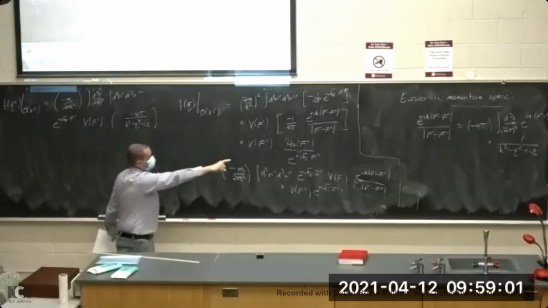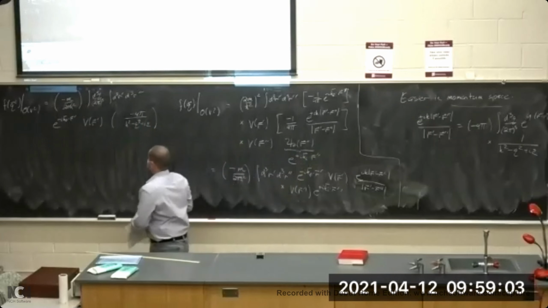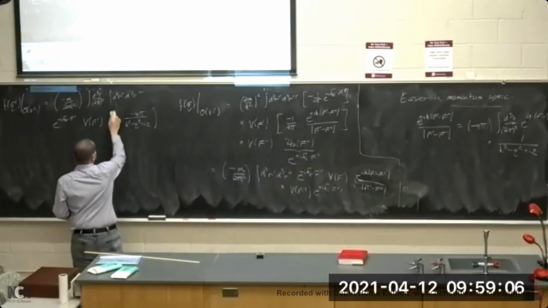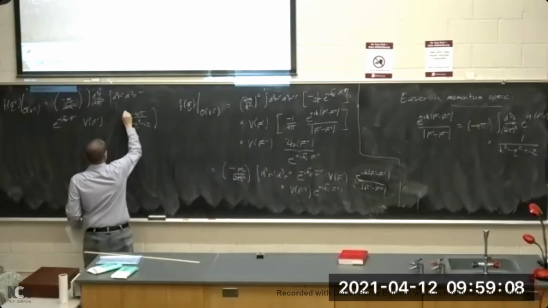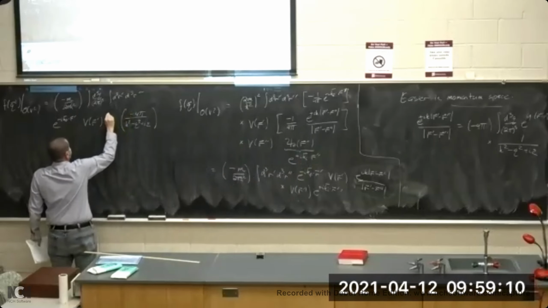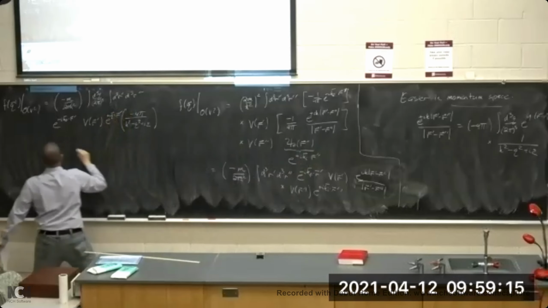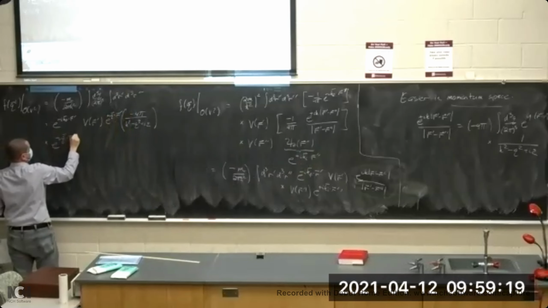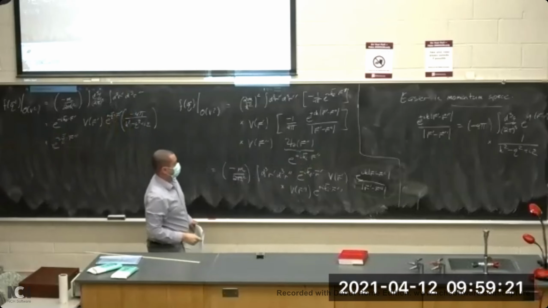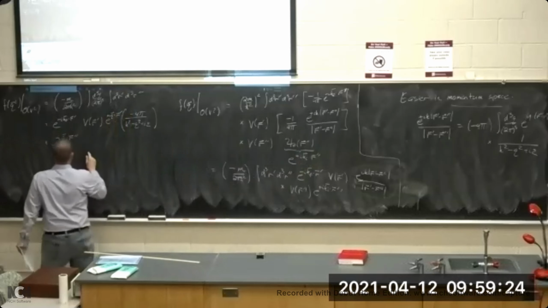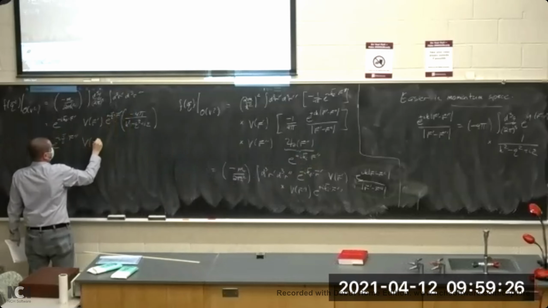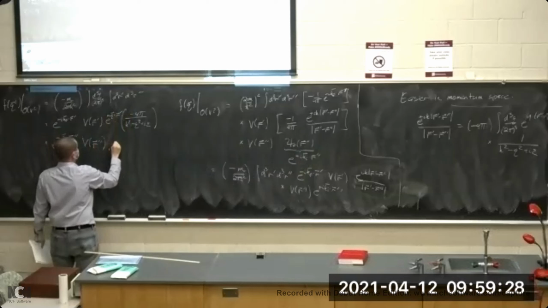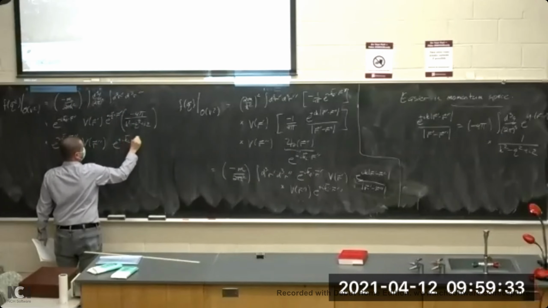This comes with its own Fourier factor, which I'm going to write as, let me put that one over here, e to the plus i q dot r' times e to the minus i q dot r''. And then I have the potential v of r'', and I have the incoming wave, e to the plus i k_initial dot r''.